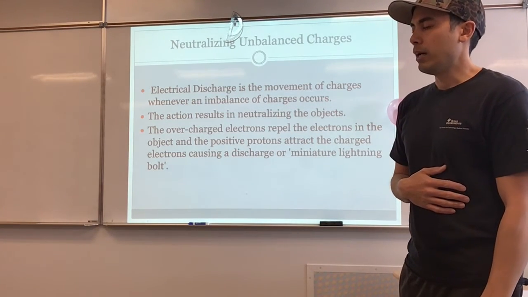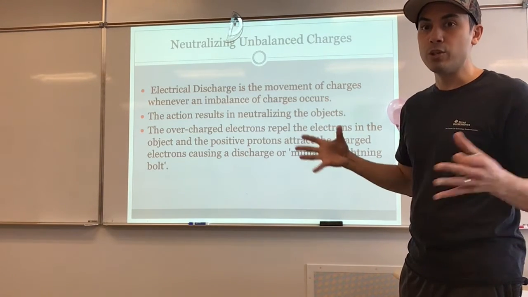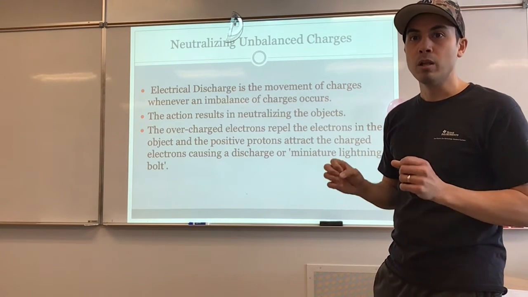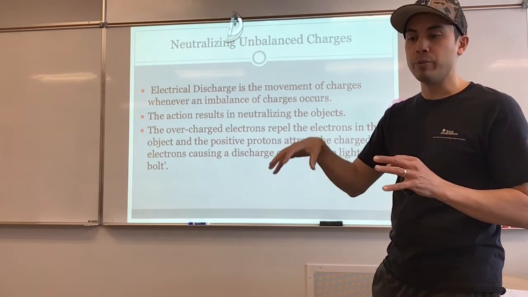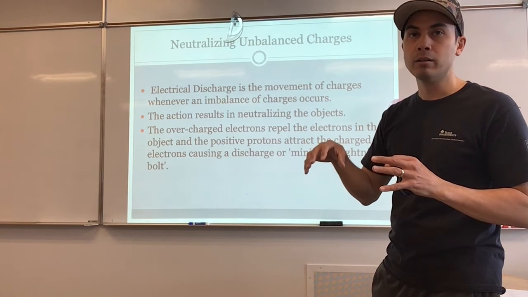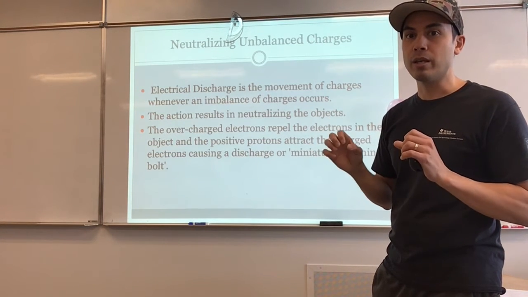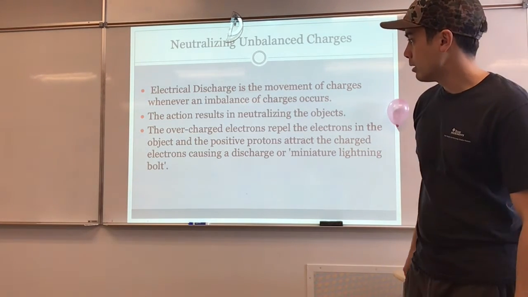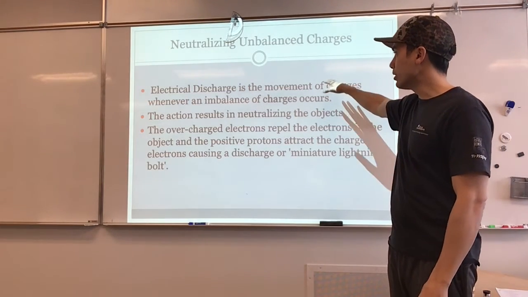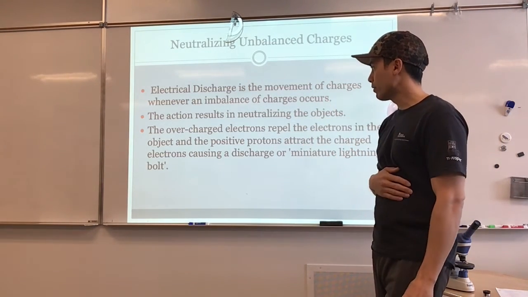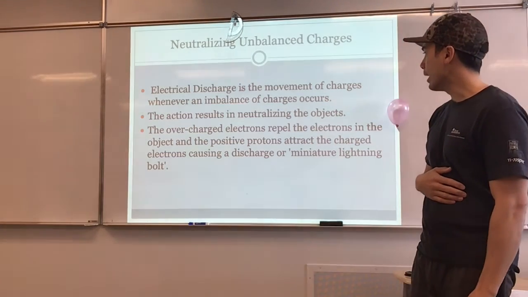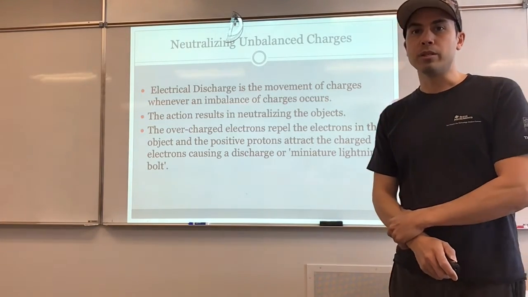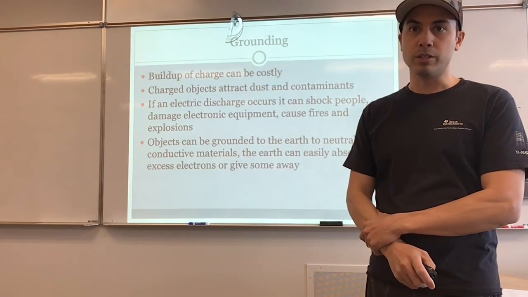If there are more electrons in a material than normal, that overall negative charge means all those electrons are repelling each other. They don't all want to be together, and they like their space. So they will discharge for that material to become neutral if they can. We also talked about that miniature lightning bolt that we can sometimes see in an electrical discharge.